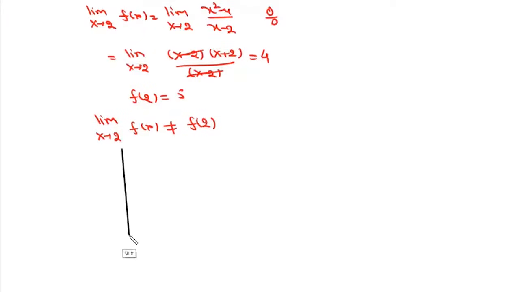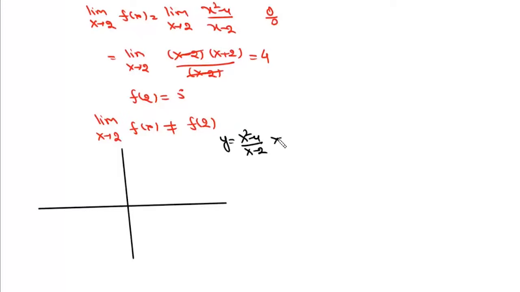And if we look at the graph of this function, now this function is basically y = (x² − 4)/(x − 2) when x is unequal to 2. So it will be this a plus b into a minus b. So it will be this straight line y = x + 2 except when x equals 2. So we can draw this straight line.